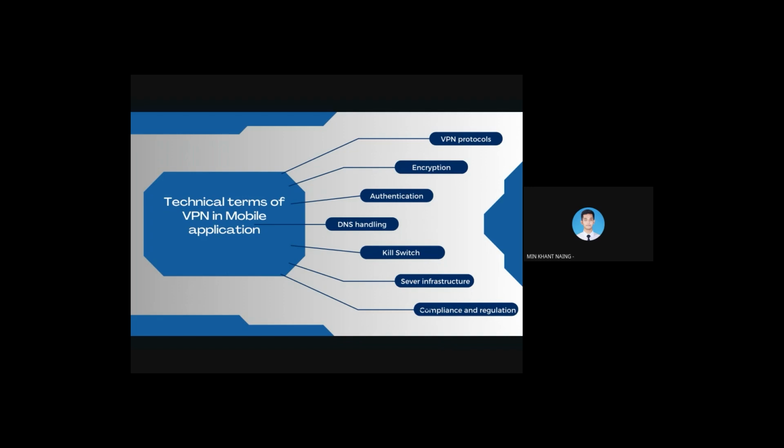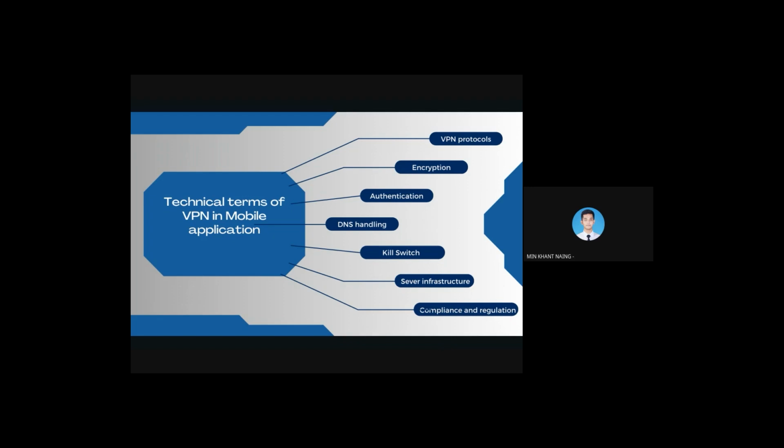And then the next is compliance and regulations. VPN providers must follow the relevant legal and regulatory requirements such as data privacy laws and export control. They also have to comply with standards and certifications such as GDPR, PDPA.